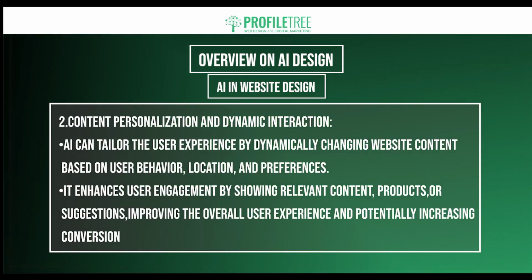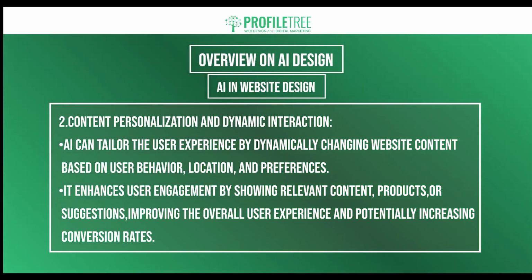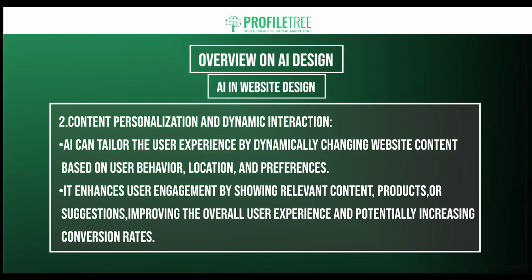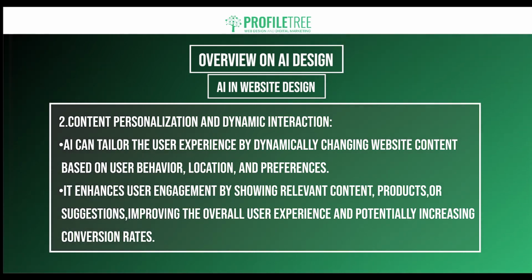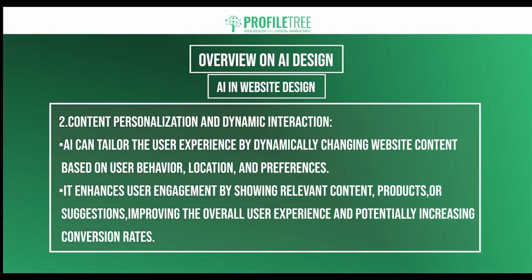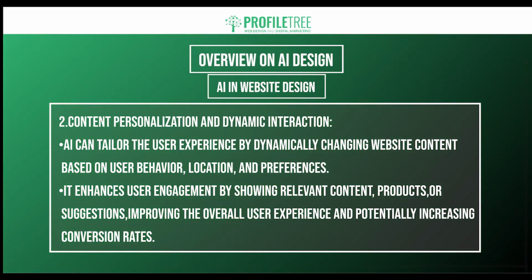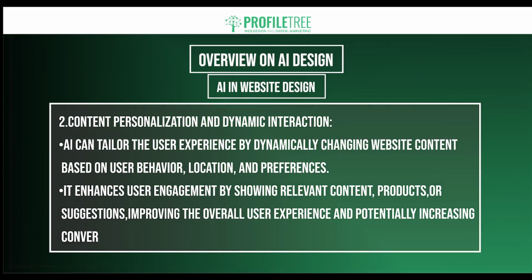Number two is the content personalization and dynamic interaction. AI can tailor the user experience by dynamically changing website content based on user behavior, location, and preferences. It enhances user engagement by showing relevant content, products, or suggestions. That overall improves the user experience and potentially increases the conversion rates.